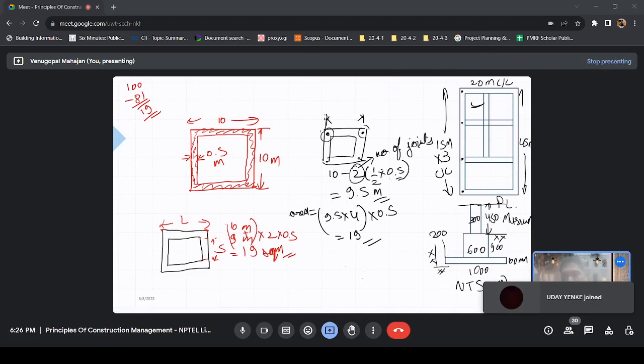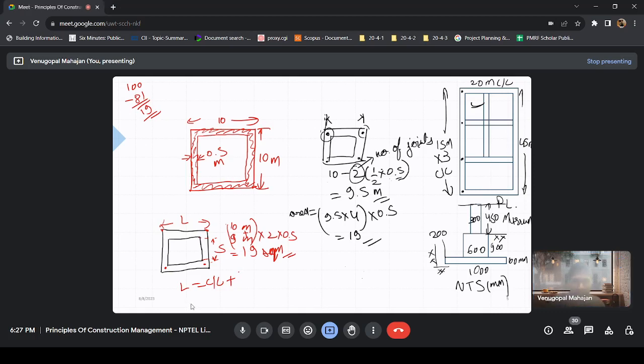When you have been given the center line distance, suppose you have been given center to center distance, for the long wall, the length would be center to center distance plus half of width or full width?